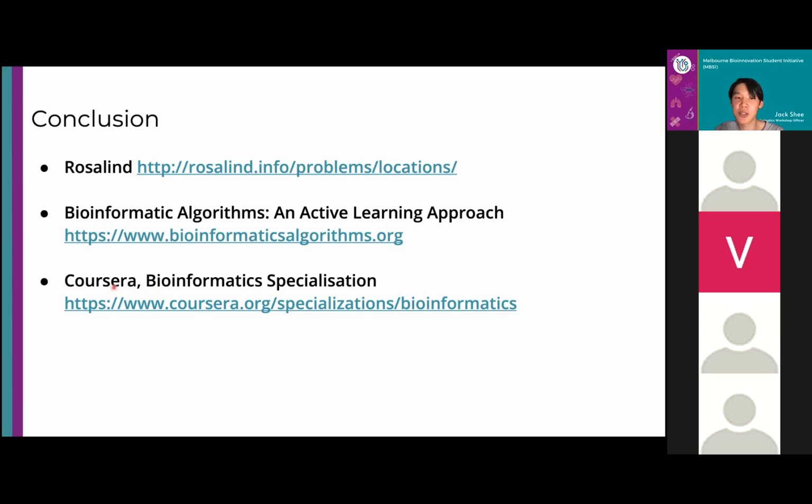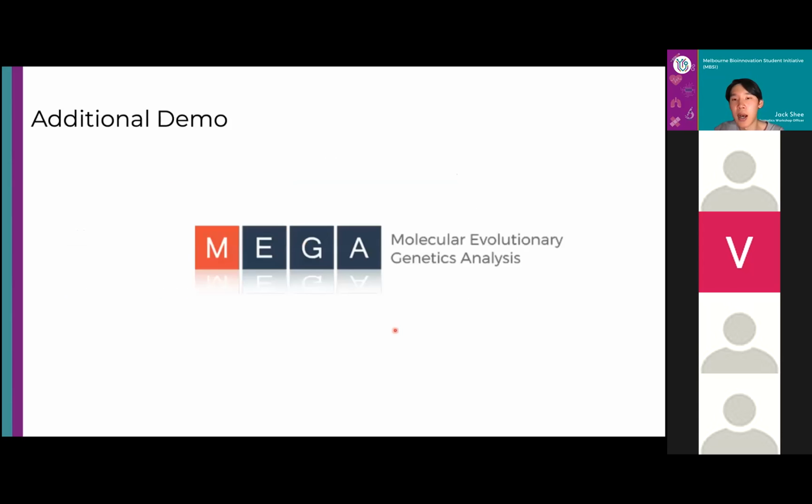And of course, there's Coursera, which everyone knows about, and I highly recommend this specialization, which is produced by the same authors as this textbook. Now, before I send you off, well, people who are here to do their workshop, I'm going to quickly demo something. This is a software tool called MEGA, which stands for Molecular Evolutionary Genetic Analysis.